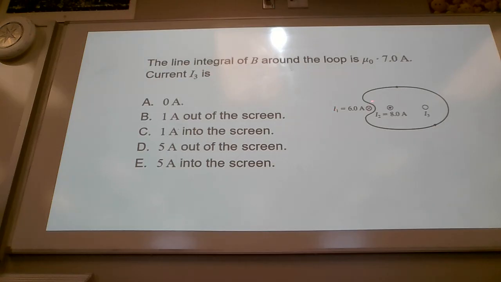That is just a distractor. So these two are what we care about. It has to have a total of 7 amps. So that needs to be going into the page. See. Good?